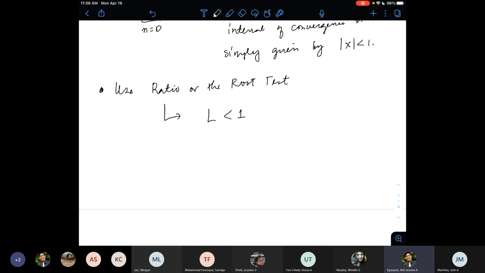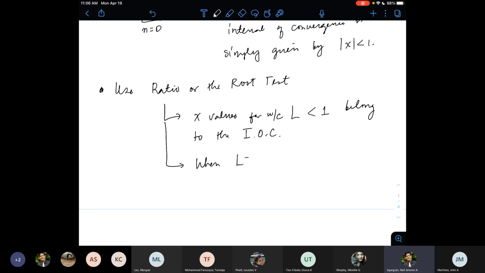So x values for which the limit is less than 1 belong to the interval of convergence. Let's call the interval of convergence IOC, right? And then when L is equal to 1, you need to plug the x value in the series and perform other tests.